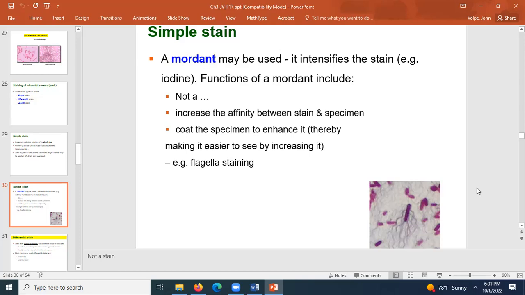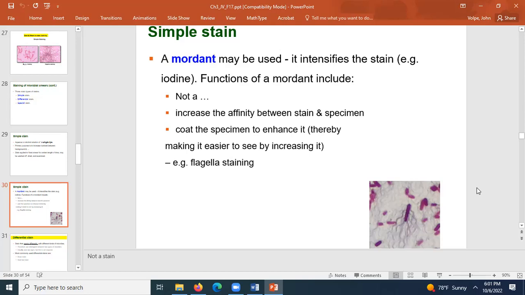Iodine can be used on plants to color the carbohydrate areas of the plant cell. Actually, if you use it on something other than a cell, it would show the carbohydrates of the organism as well. What the mordant does is it increases the affinity between the stain and the specimen.